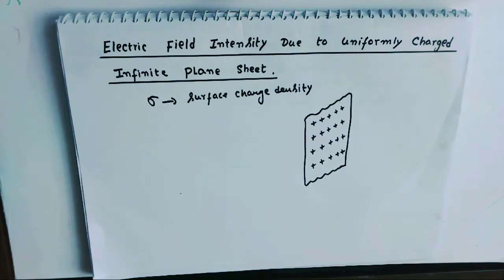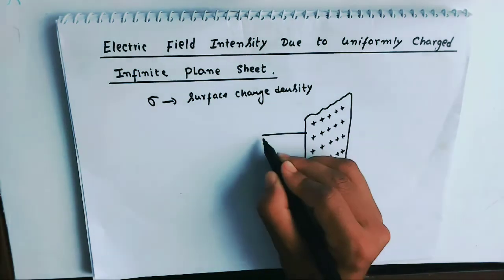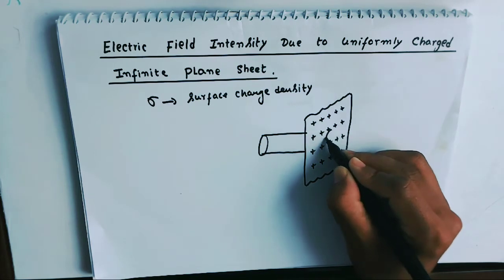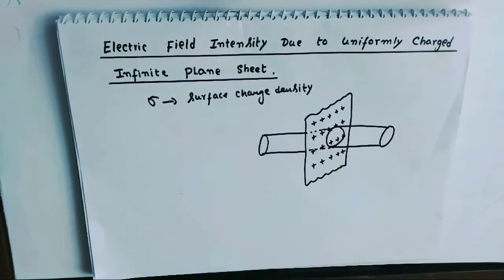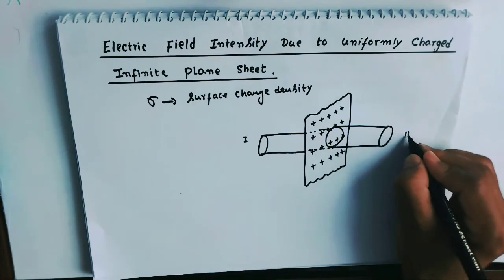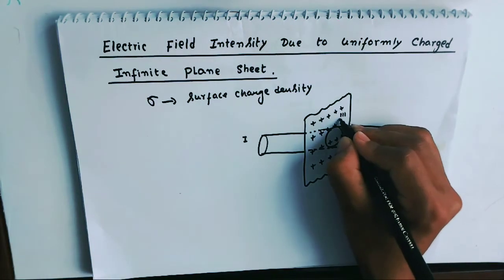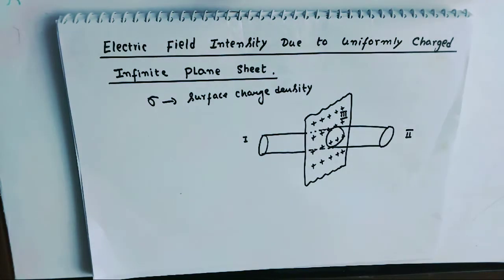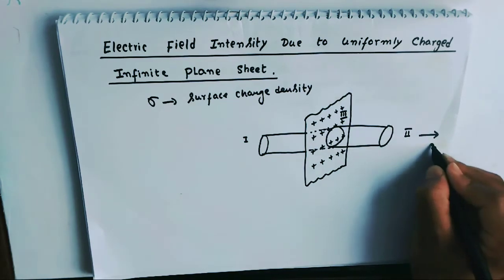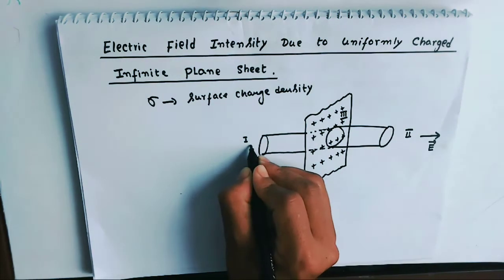Now we will draw a Gaussian surface in the form of a cylinder. We will divide the Gaussian surface into three regions. This is region 1, this is region 2, and this is region 3. The direction of the electric field is in this direction or in this direction.